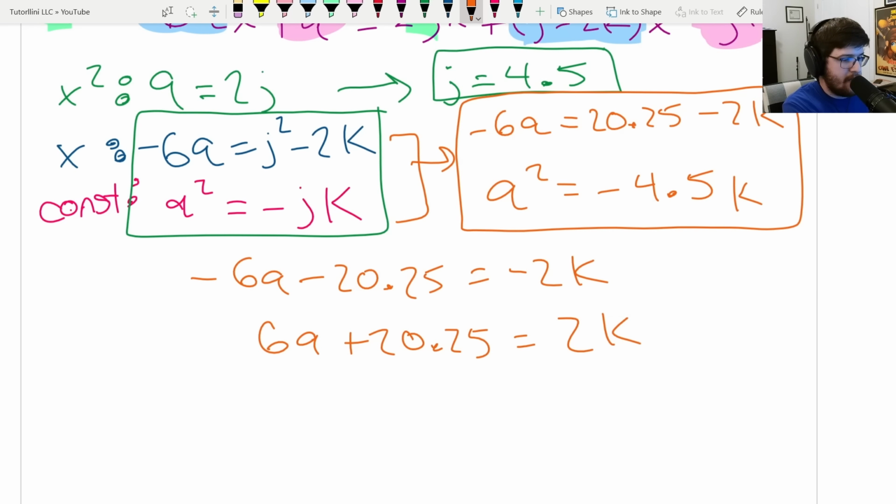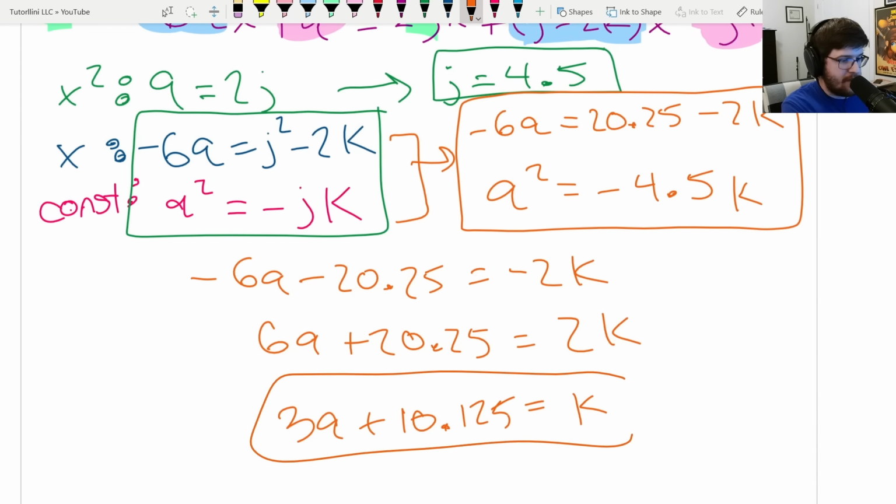So I get k is equal to 3a plus 10.125. And now that's the first equation, just rewritten.